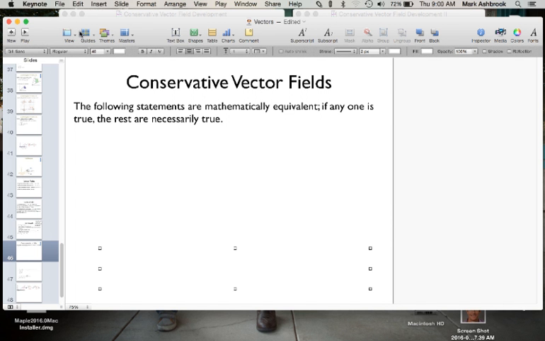What do you think? Conservative vector field? Because? It looks like that circulation integral is 0, right? So is it a conservative vector field? Some are saying yes, some are saying no. It's inconclusive because it's all 0 at all points.